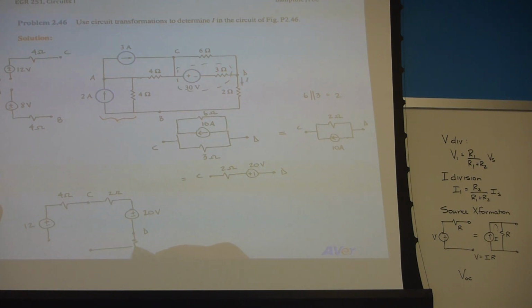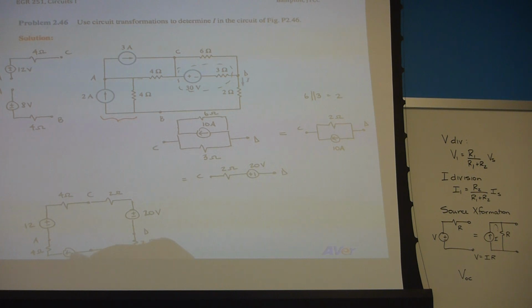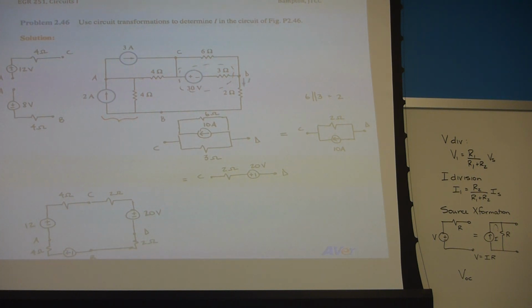From B to D just only has the 2 ohm resistor of interest. And then from A to B, we have the 4 ohm resistor and the 8-volt source.